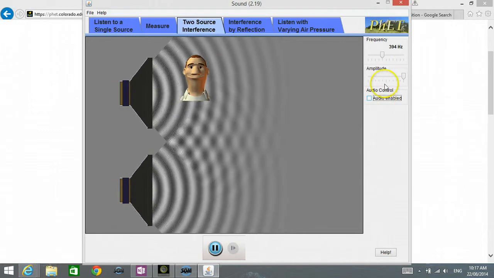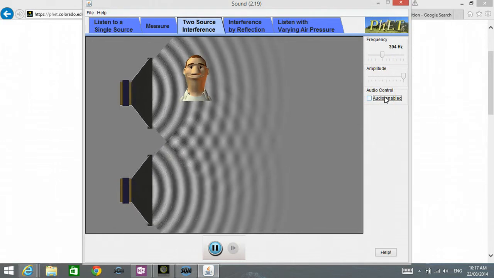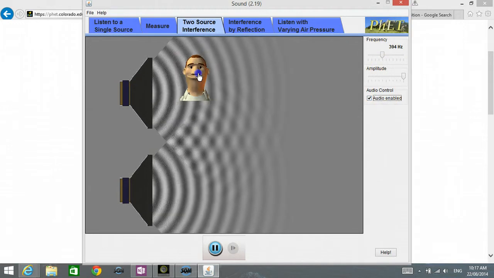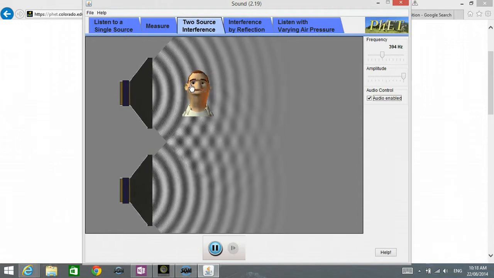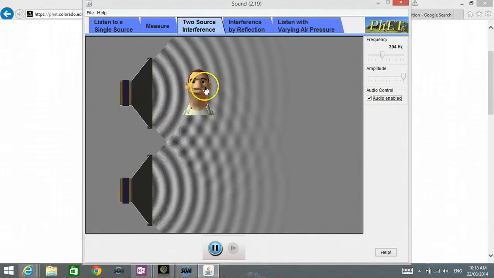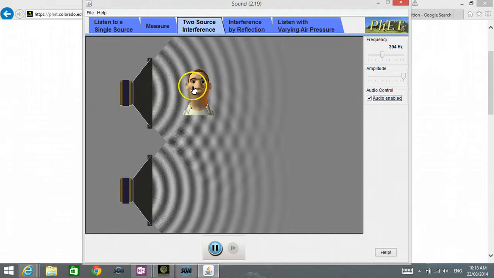So just be aware. I'm going to turn it on. It's annoying. So say I move it down. At this point, the sound is lower, and in theory, at some point around here we hear no sound. This is because at this position, the sound waves meet destructively.